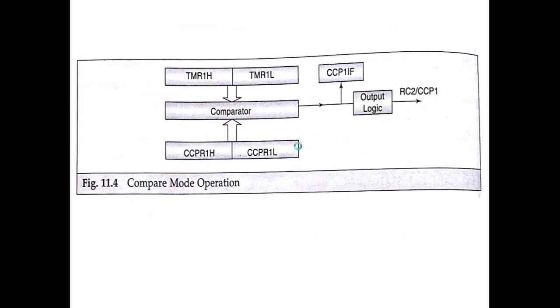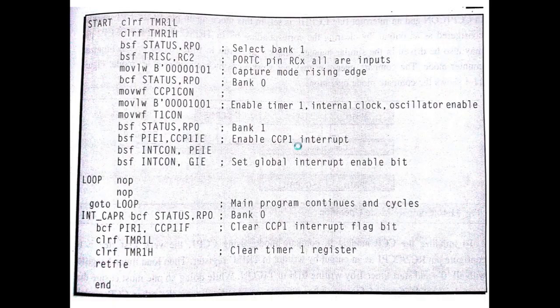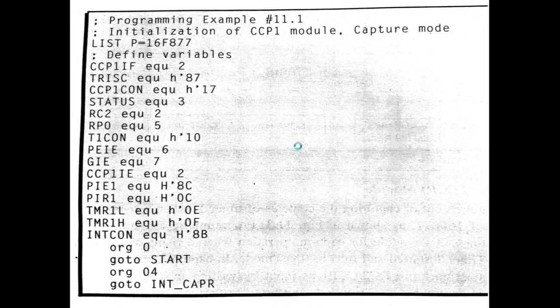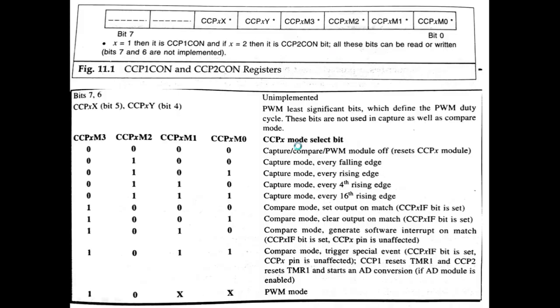So if you consider the CCP control register, you have to go back. Here you can see these 2 registers. CCP1, small x is 1 or 2 for CCP1 or CCP2, and this is x bit and this is y bit, right? So these 2 bits are available in the CCP control register. Here it is said that these bits can be read or written.